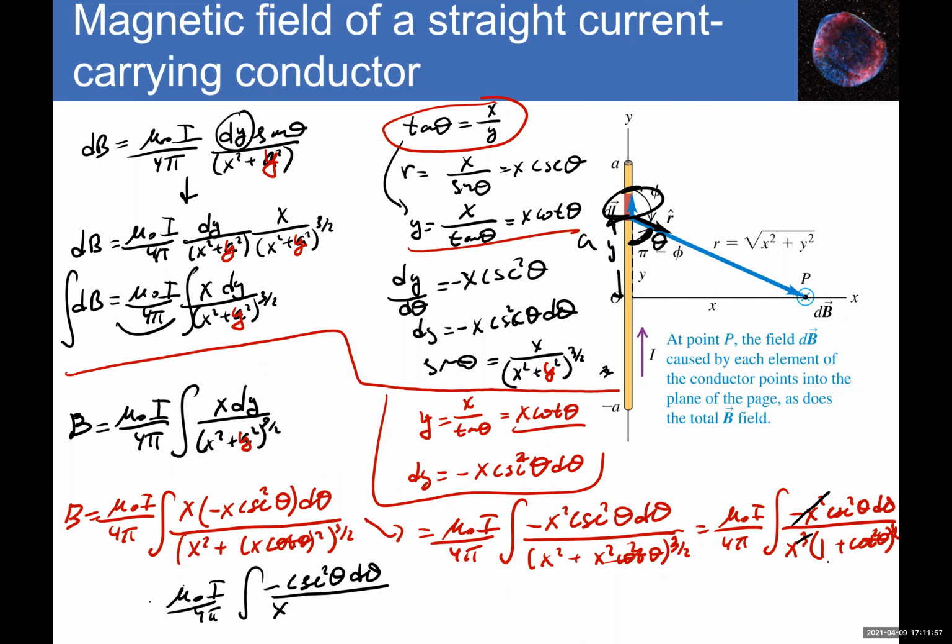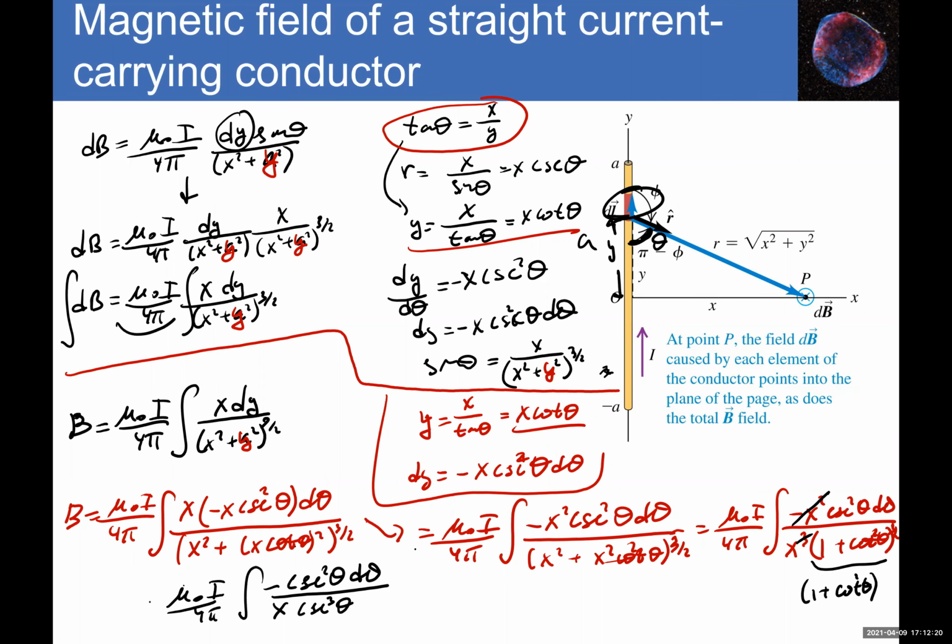And what I have is 1 plus cotangent squared theta. So 1 plus cotangent squared theta gives me cosecant squared. So cosecant squared to the 3/2 then gives me cosecant cubed theta.